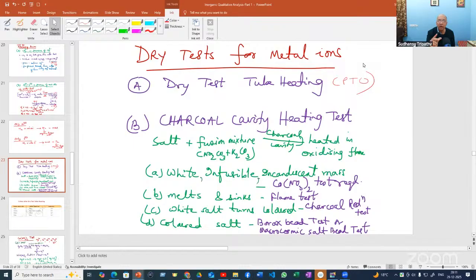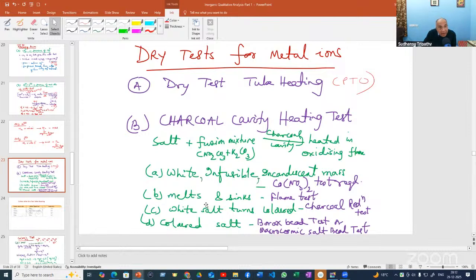If the Bunsen burner holes are open, air is going in, so you get an oxidizing or non-luminous flame. You heat for some time, then observe. After heating with a blowpipe for a long time, if the salt remains white, infusible and incandescent, then you confirm that it needs the cobalt nitrate test.